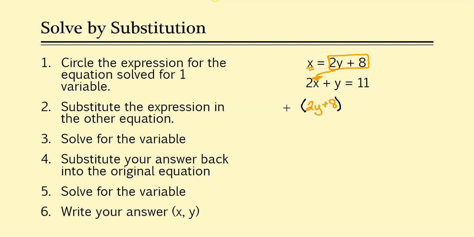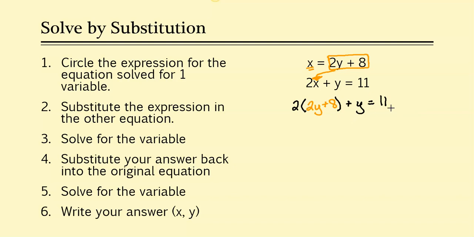So I'm going to put it in parentheses and create some distributive property. So 2 times x, in this case, means 2 times the expression 2y plus 8. Now I continue the rest of the equation, plus y equals 11. All right, so this is what I've got.